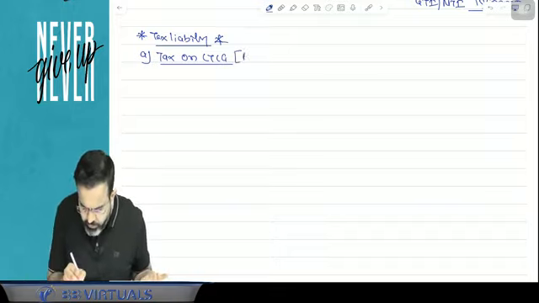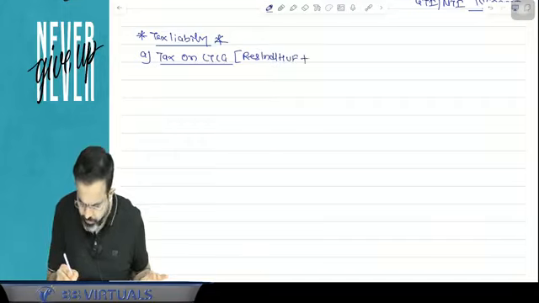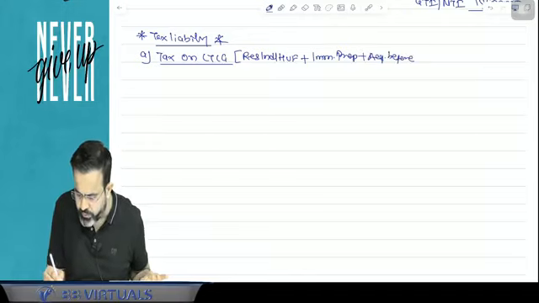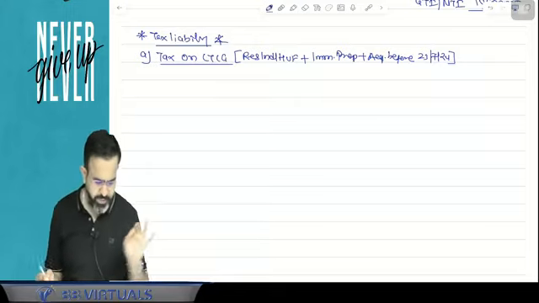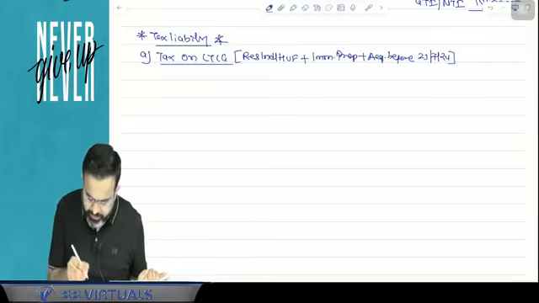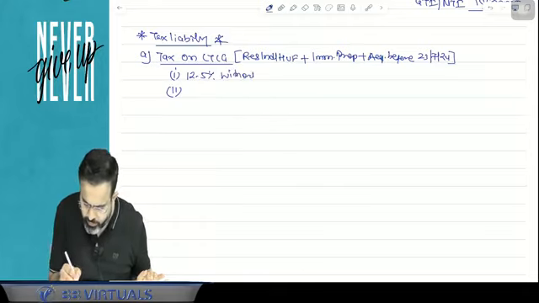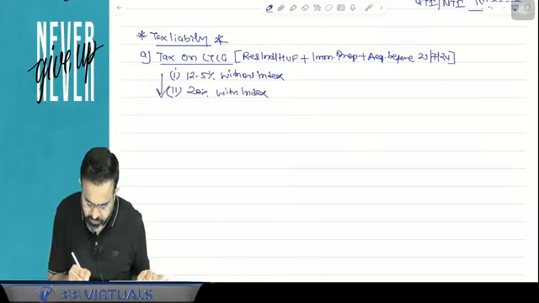First, the assessee is a resident individual or HUF. The asset is an immovable property and that asset was acquired before 23rd of July 2024. If all the conditions are satisfied, the answer is yes. How will you calculate the tax? Either take 12.5% without indexation or 20% with indexation, whichever is lower.